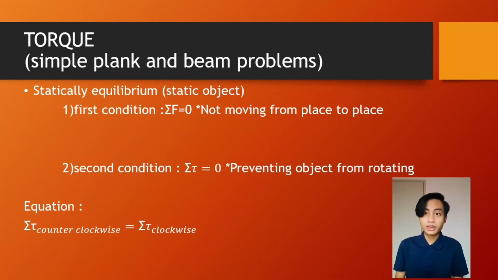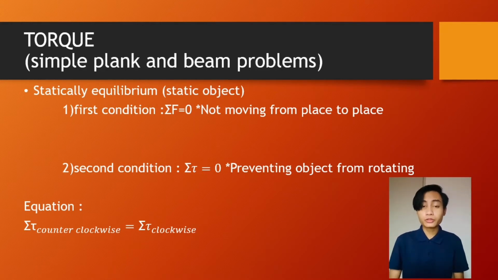For the second condition, the total of torque equals zero, which prevents the object from rotating. So the equation for this question is total of torque counterclockwise equals total of torque clockwise. Okay, we're moving on to the question solving.